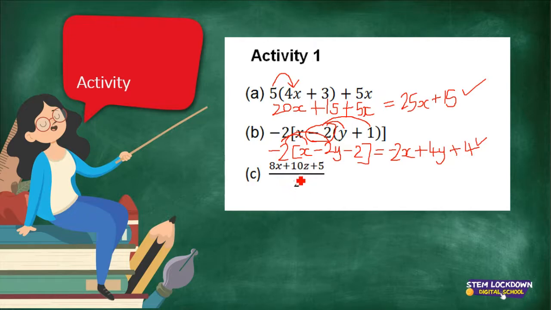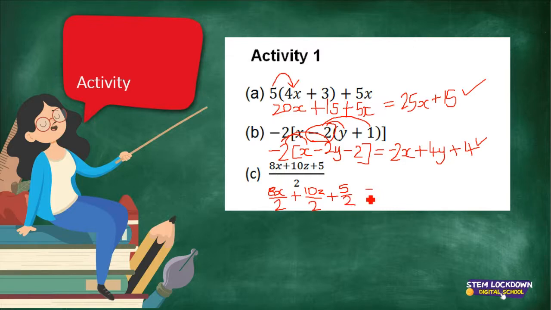So you can rewrite this as follows. 8x divided by 2, plus 10z again divided by 2. Okay, this is an 8, by the way. It may not look like an 8, it's an 8. Plus 5 divided by 2. So now it looks simple.